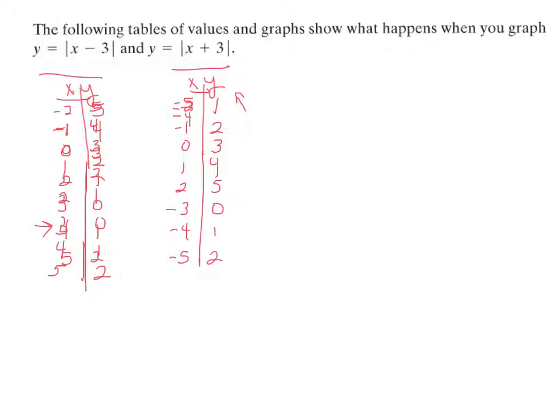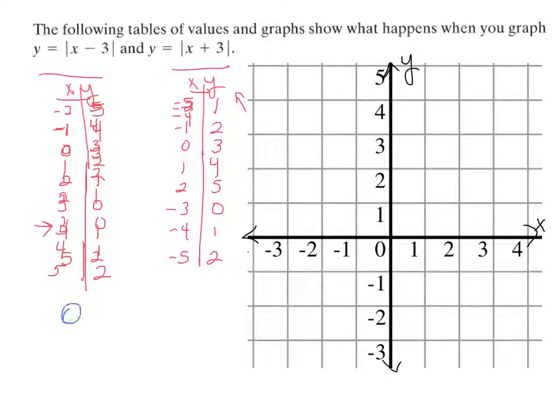Now if I graphed both of these, I'm going to graph this first one in blue. So the first one in blue, if I graphed all these points, negative 2, 5, negative 1, 4, and so on, it'd look like this.